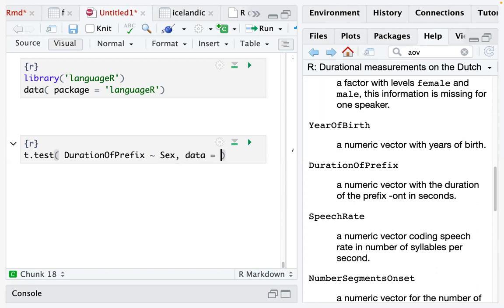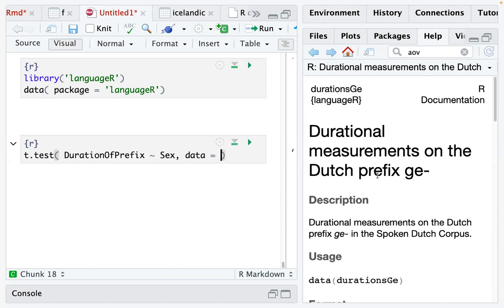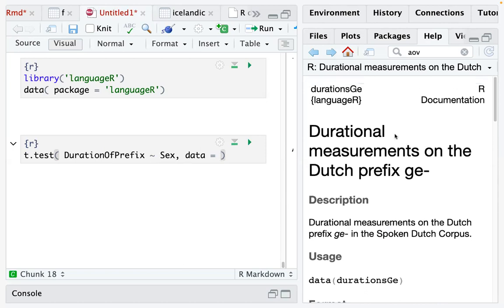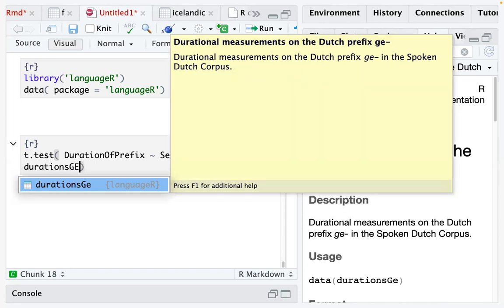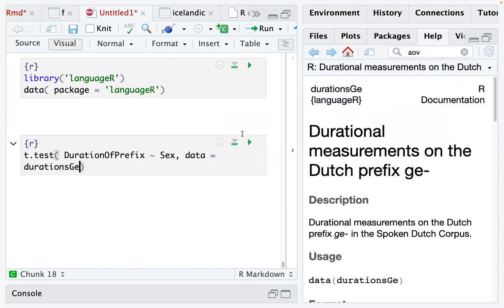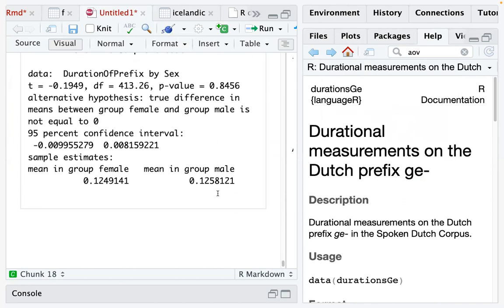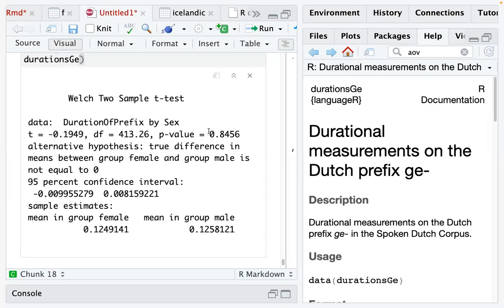It's called prefix again. No, durations. Okay, and the result is negative because the p-value is a big number.